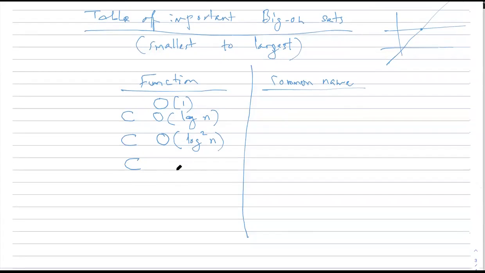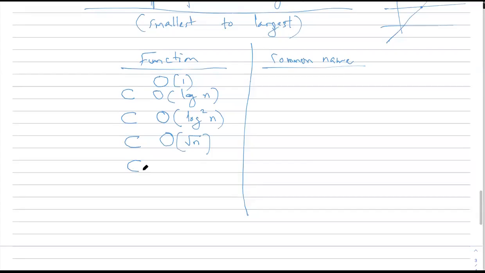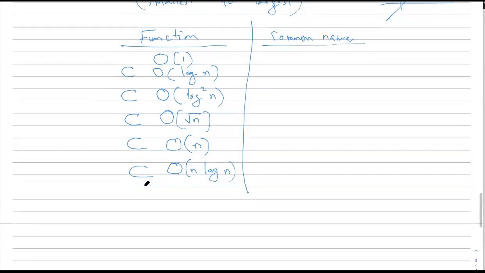This is smaller than big O of square root of n. This is smaller than big O of n. This is smaller than order of n log n. This is smaller than order of n square. And then this is smaller than, of course, any higher order polynomial. And then this is smaller than the exponential.